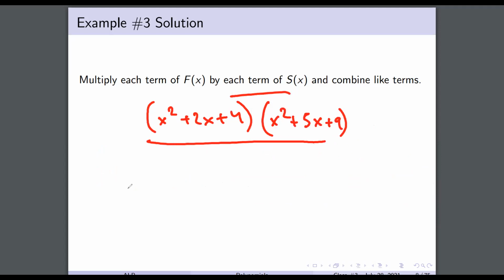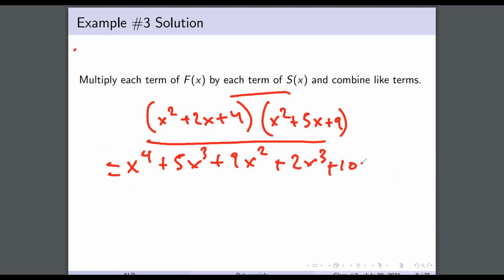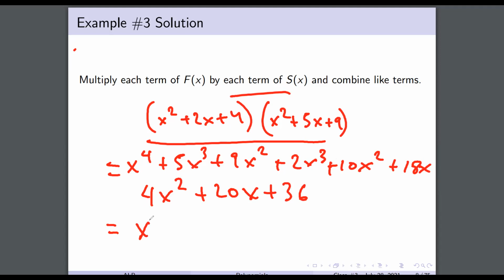So now that we have what we want, this equals, we want to multiply each time. So it would be x to the 4th plus 5x cubed plus 9x squared. And then we would do the same thing with 2x: plus 2x cubed plus 10x squared plus 18x. And then we do the same with 4: 4x squared plus 20x plus 36. Then we combine like terms. For x to the 4th, there's only this one.